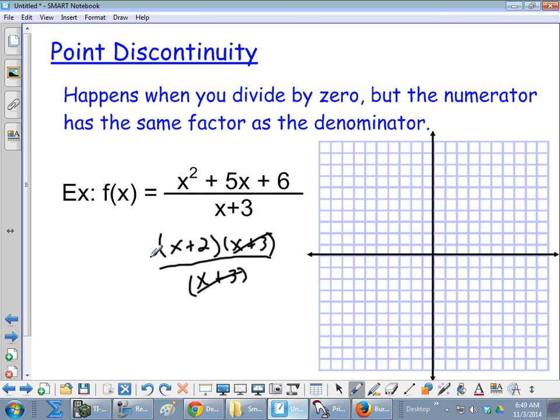But this is going to look like the graph of y equals x plus 2, so that means I have a y-intercept of 2 and a slope of 1, so it's just going to keep going up at a rate of 1 and down at a rate of up 1 over 1 type deal. So it's going to look something like this.